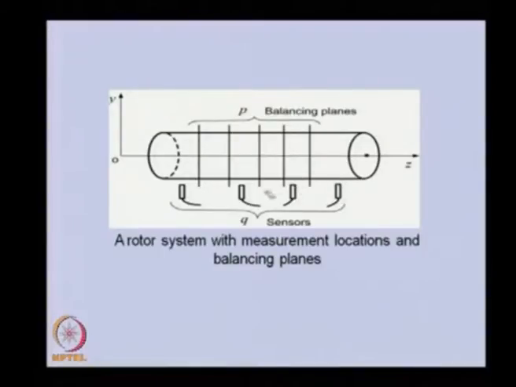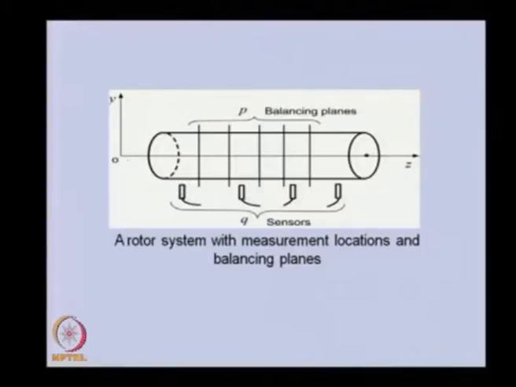In very few cases we can measure the response in between the span of the rotor, but this particular figure is more general, in which we are assuming that there are, let us say, q number of sensors by which we are measuring the response.